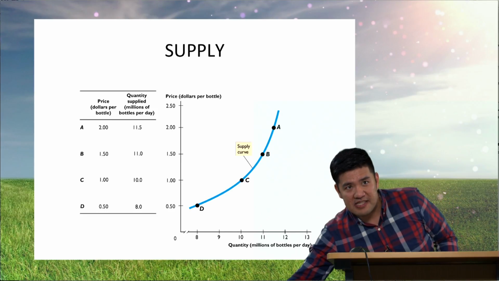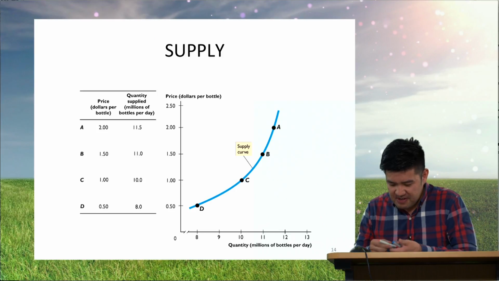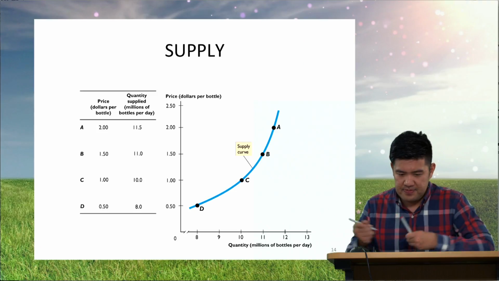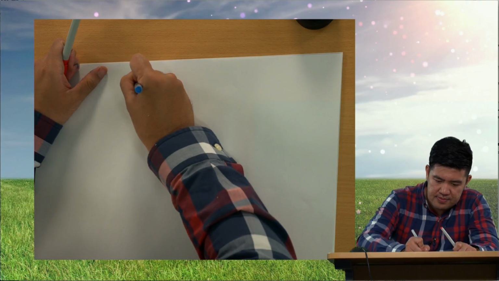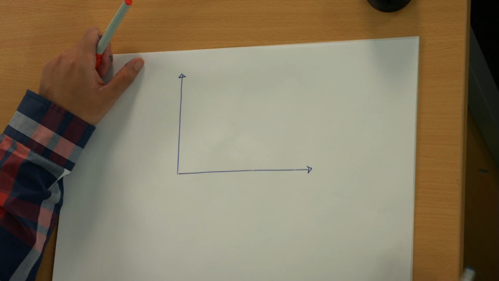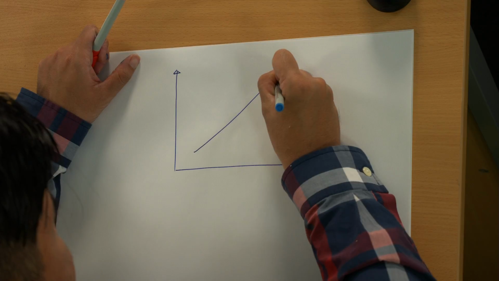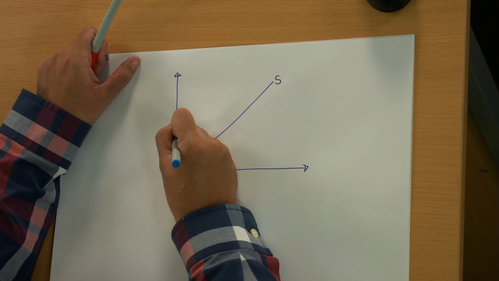Just like what I did before, guys, I want to emphasize. Let's go to the visualizer again. We can try a bit quicker here. Supply curve is an upward sloping curve, Tommy.